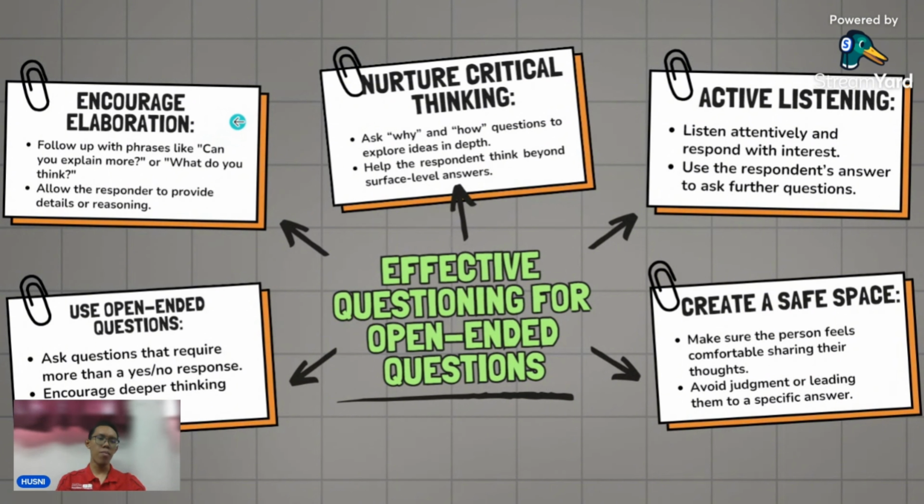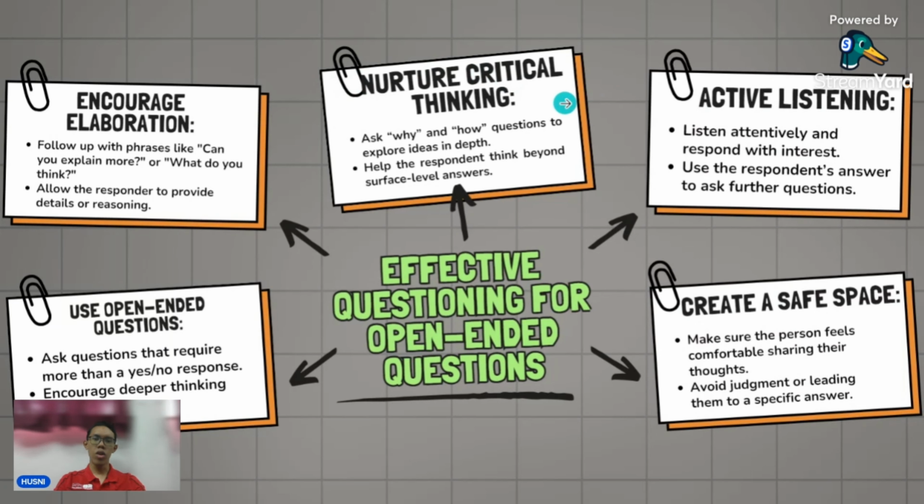She used follow-up phrases such as "Can you explain more?" or "What do you think?" Right? When she asked that one student, "What do you think the word stigmatized was?" It allows the responders to provide details or reasoning.